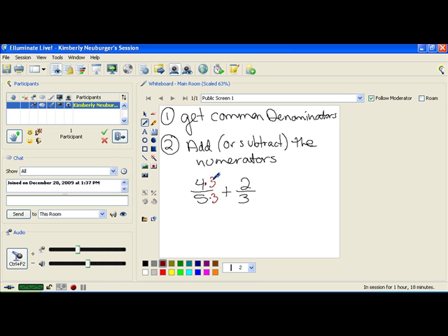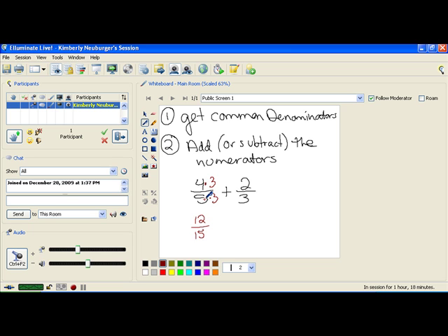And this is the equivalent of multiplying by 1. We're just multiplying by 1 so that it looks in a little different form that gets us where we want. And when you multiply by 1, it doesn't change the value of the number. So 4 times 3 gives us 12, and 5 times 3 gives us 15.